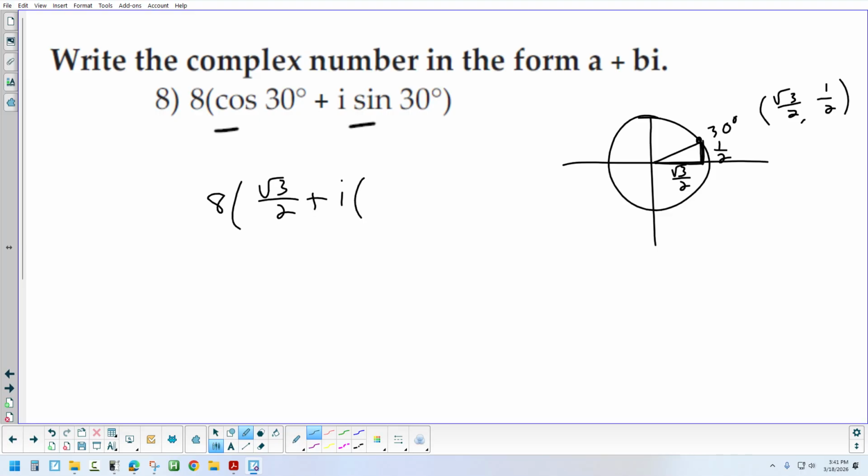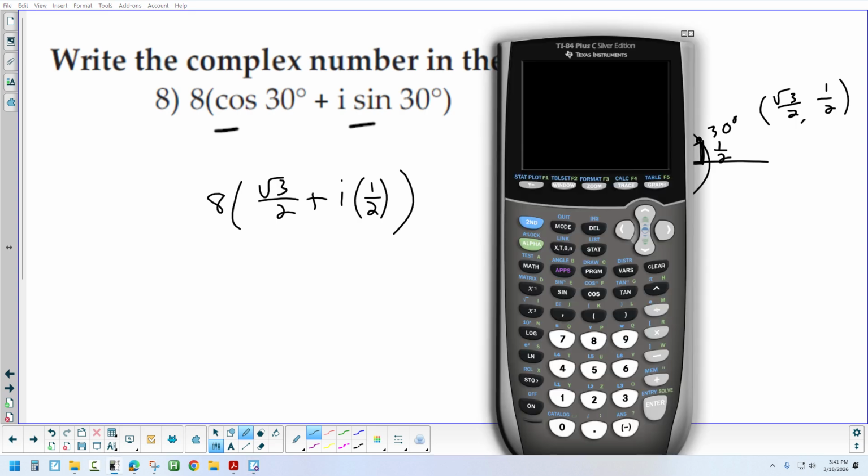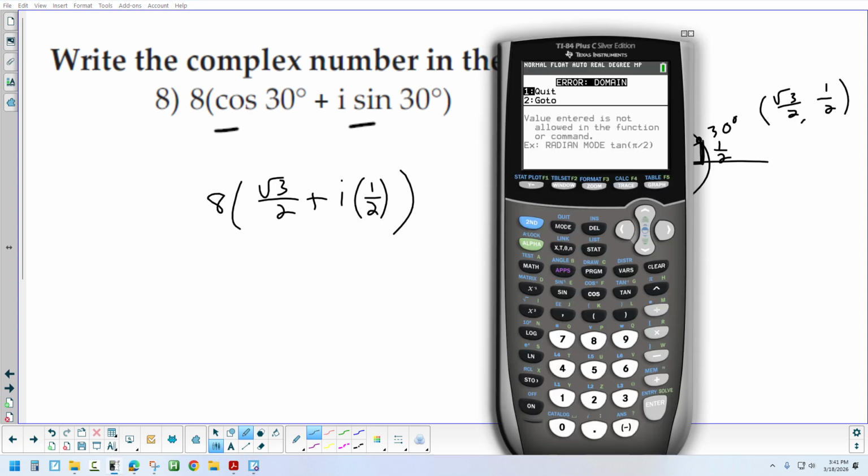Plus i times, now I need the sine of 30. The sine of 30 is the y value, which in this case is 1/2. That's the sine of 30, 1/2. And you might think, well, I'll just use my calculator and type in the sine of 30. Well, not if you're on the no calculator portion. You'd have to know the sine of 30.